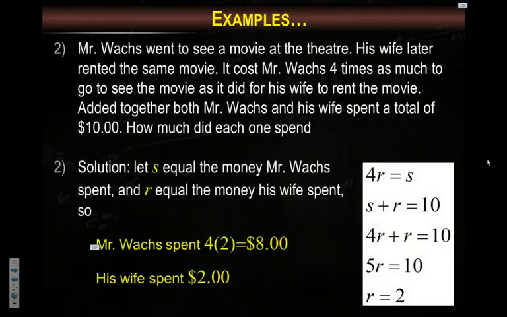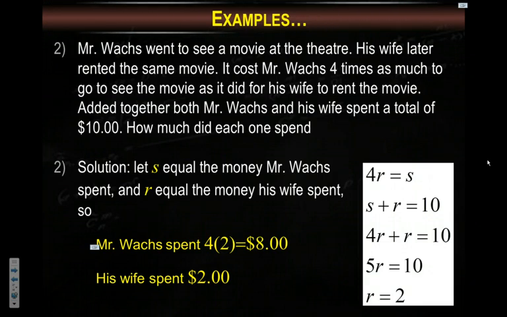If S is the money that I spent, and R is the money that my wife spent, I spent 4 times as much as my wife, so 4 times what my wife spent equals what I spent. I can work this out to come up with the answers: I spent $2, and therefore my wife spent $8. Okay?